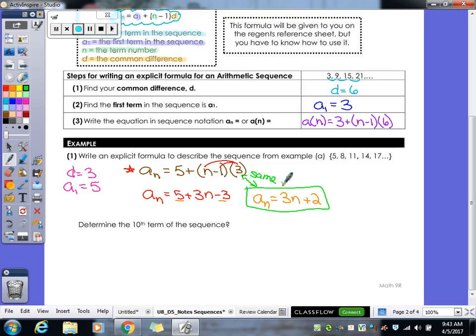Now part B, they want us to determine the 10th term of your sequence. Now we have a value for our n. We're going to plug a 10 in for our n. So a sub 10, I'm looking for my 10th term. I'm going to use this one here that we just did. So I'm going to do 3 times 10 plus 2.